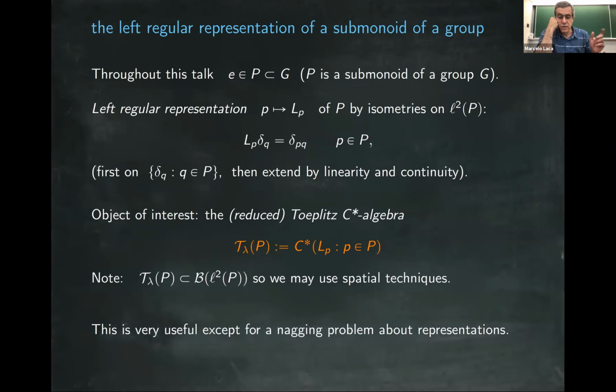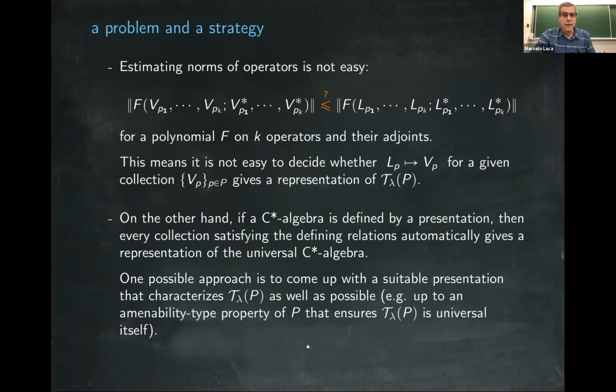It's very useful, but there's a nagging problem about representations of such objects: estimating the norms of operators is not easy. When you generate the C*-algebra, you have the L_p's, the adjoints, the products, and linear combinations thereof.